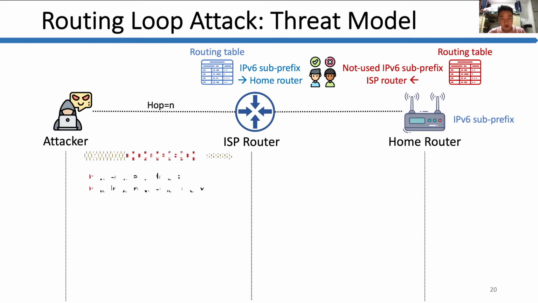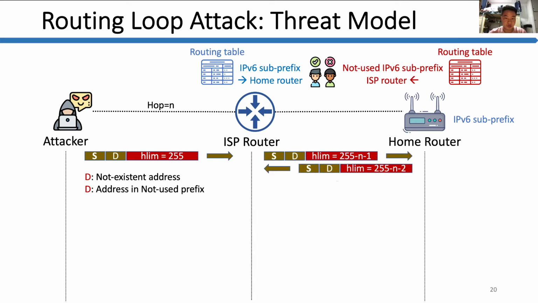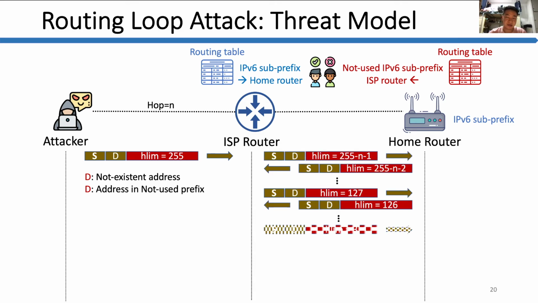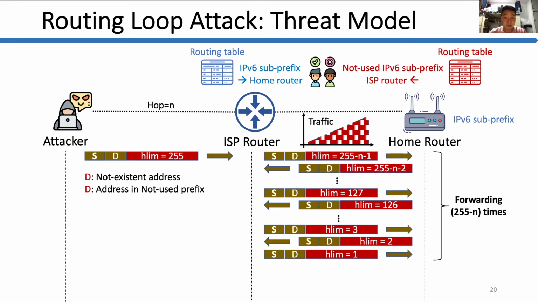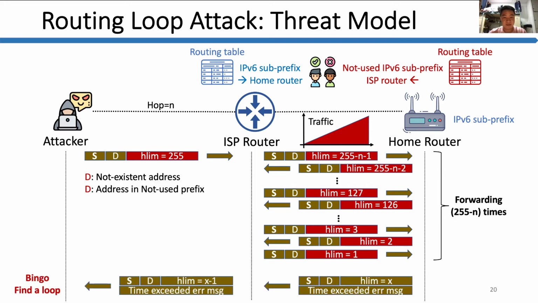So to exploit this vulnerability, the attacker can send a packet to any not used prefix, and the packet will be forwarded between the two routers until the hop limit is zeroed out, brings traffic amplification, and the victim router will return a time-exceeded message to the attacker.